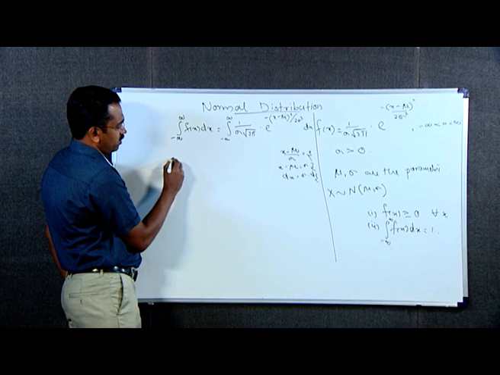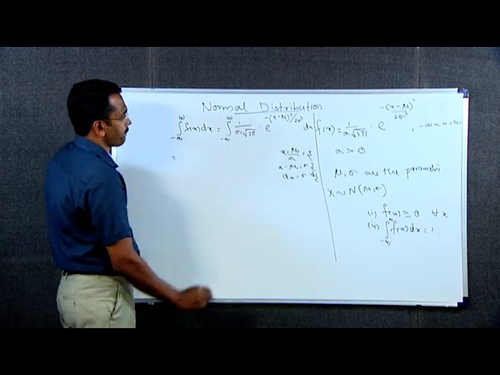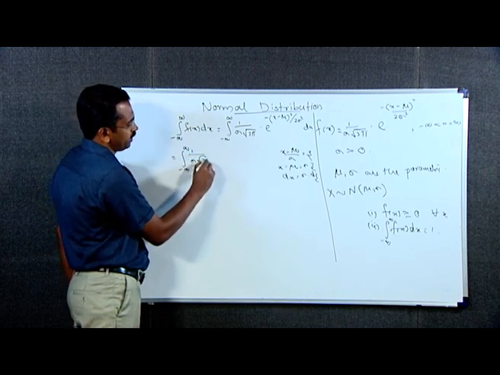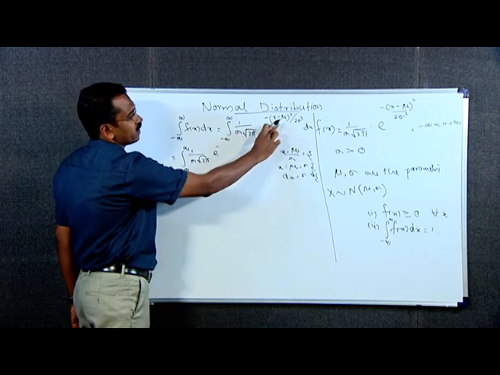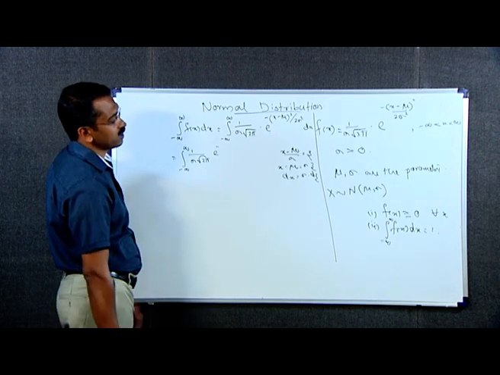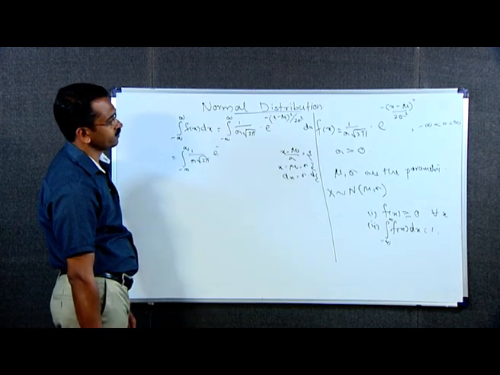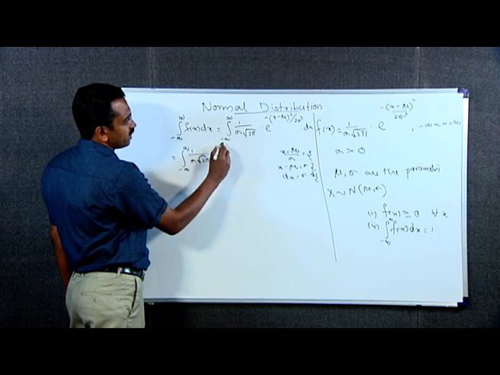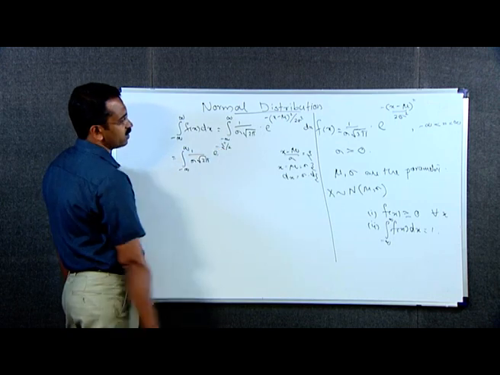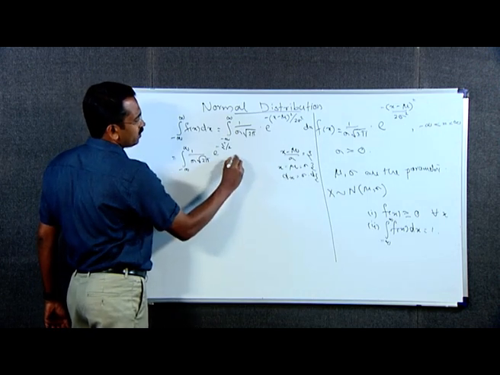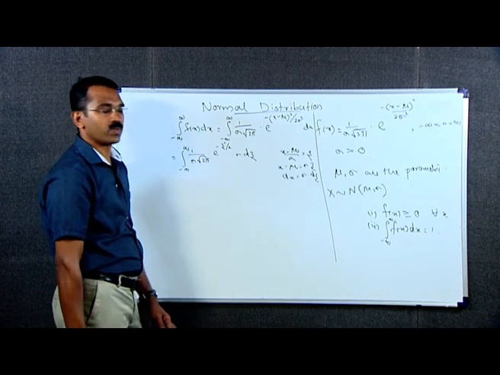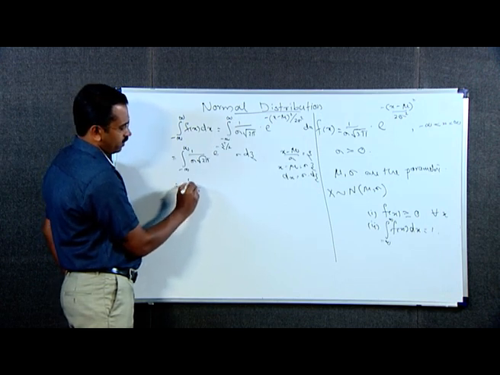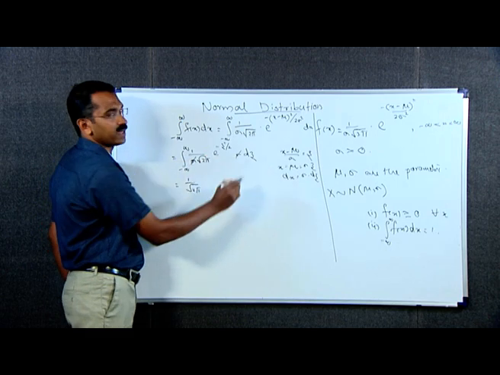This integral will become the integral from minus infinity to infinity of 1/(sigma root 2 pi) e raised to minus, where (x minus mu) divided by sigma is equal to z, means e raised to minus z square divided by 2. dx is sigma dz, which is equal to 1 by root of 2 pi, the sigma and sigma cancelled.